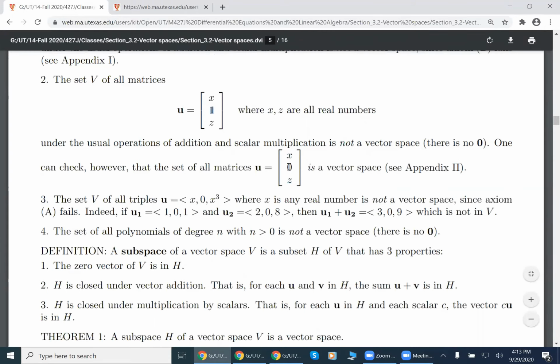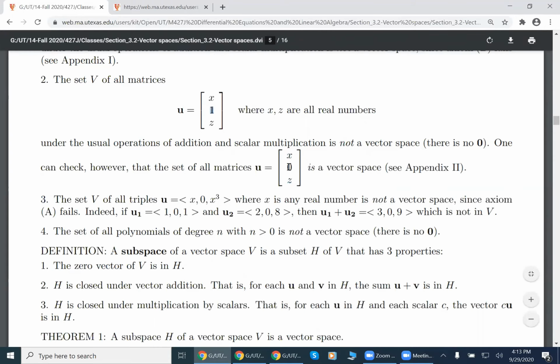Before we discuss Theorem 1, we need the following definition. A subspace of a vector space V is a subset H of V that satisfies 3 properties. Number 1, the 0 vector of V is in H. Number 2, H is closed under addition. Number 3, H is closed under multiplication by scalars.